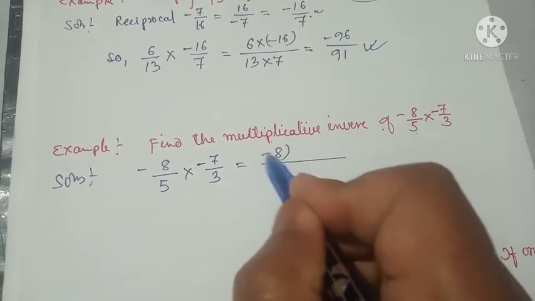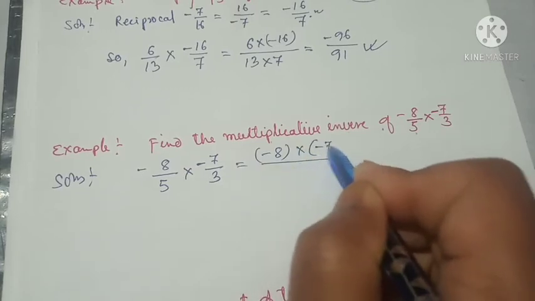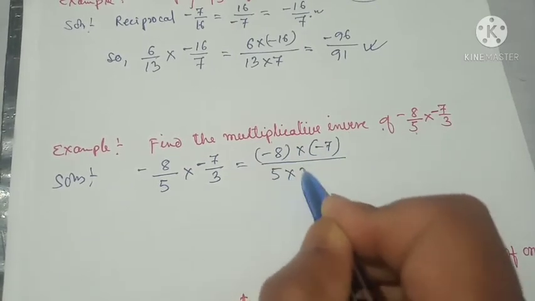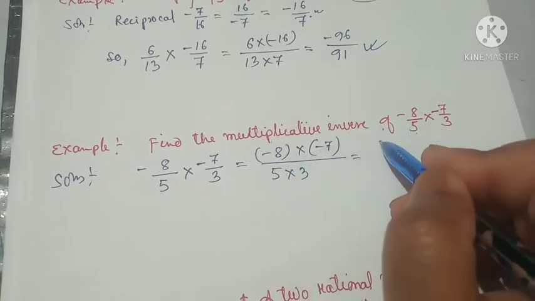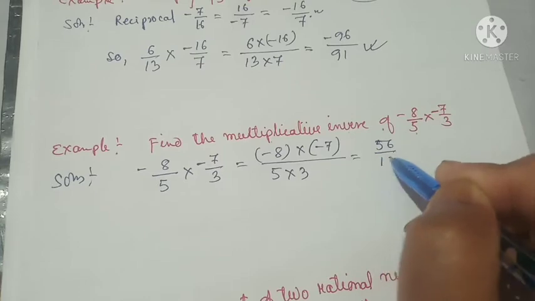Minus 8 into minus 7 by 5 into 3. Minus minus is plus, so the answer will be 56 by 15.